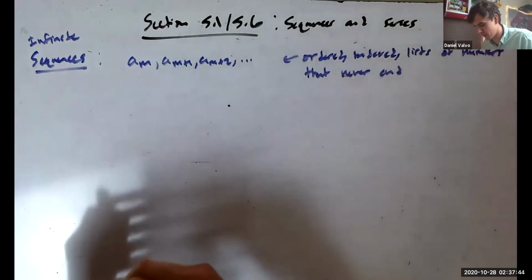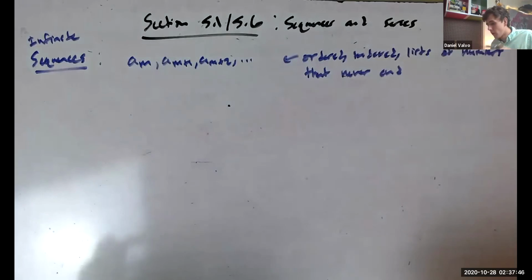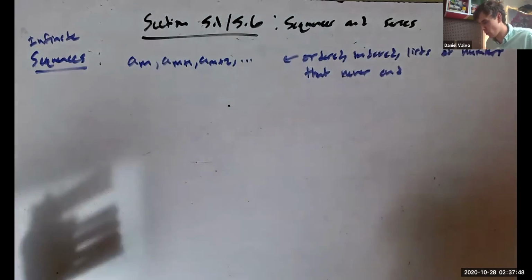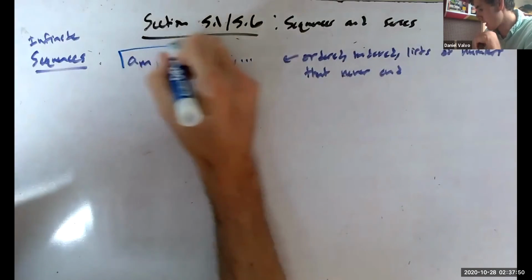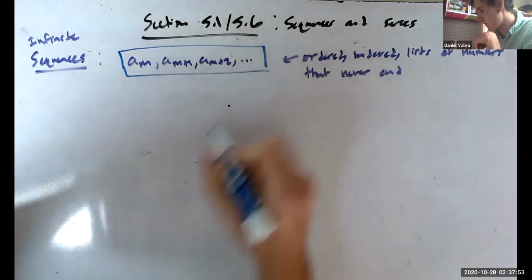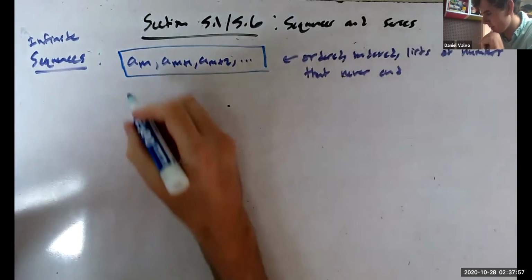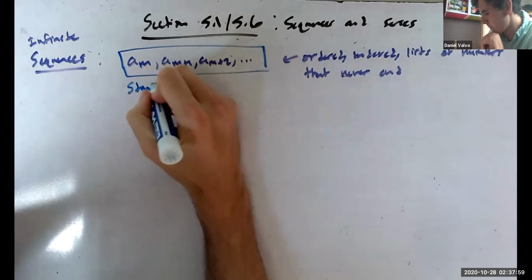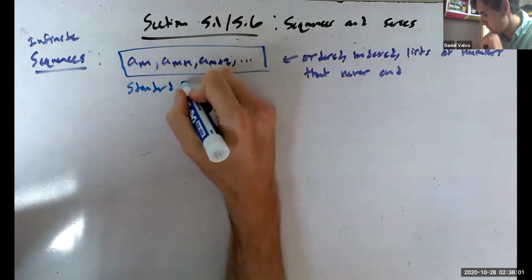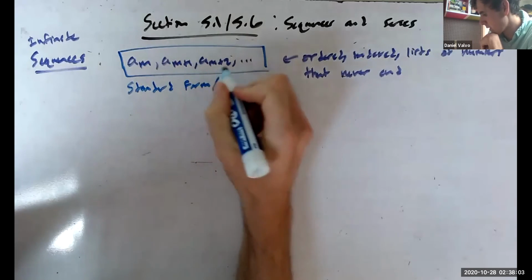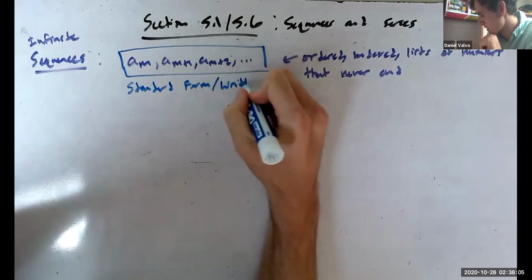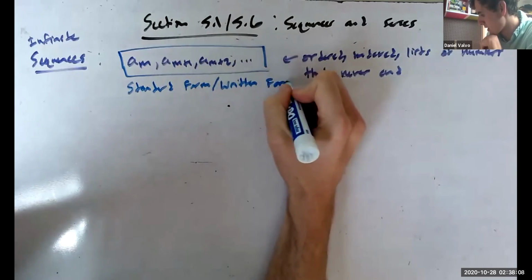It looks just like this. Now, this way to write it, I don't even think there's a name for it. Let's call it standard form, or written out form, or written form, because it's kind of like writing it out manually.